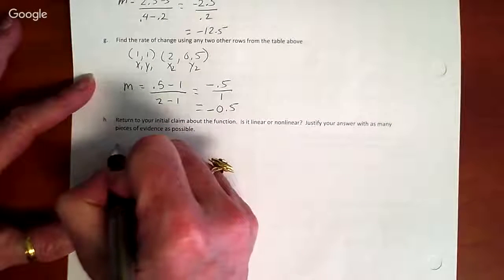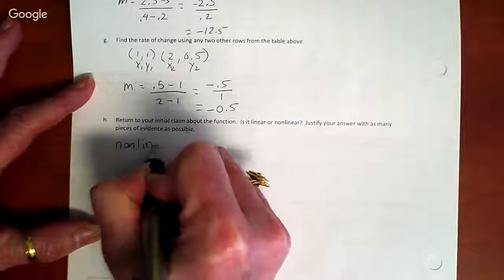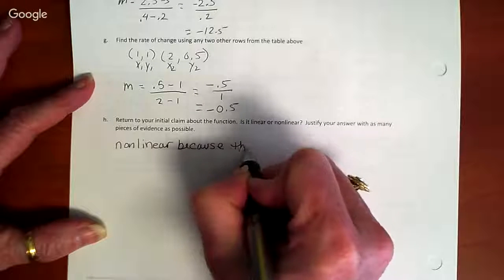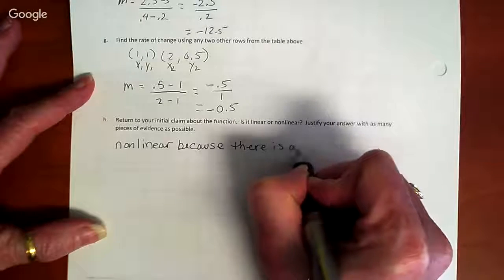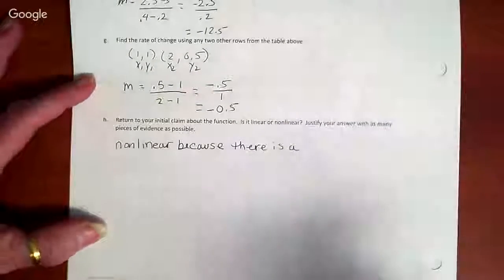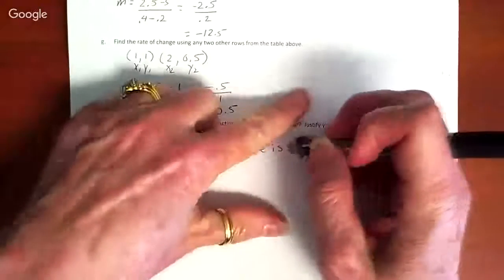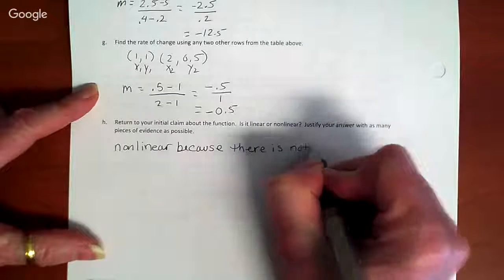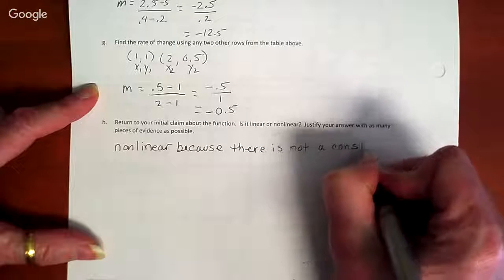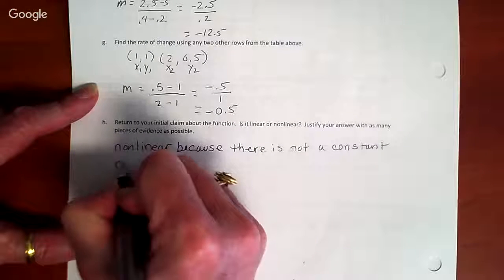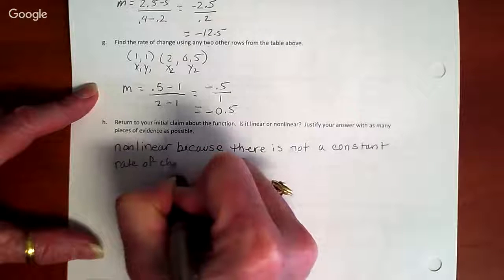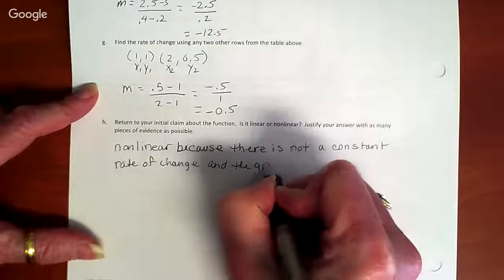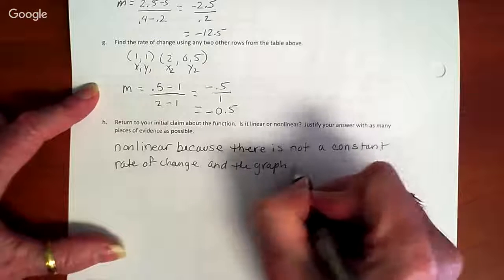It's nonlinear because there is not a constant rate of change and the graph is not a line.